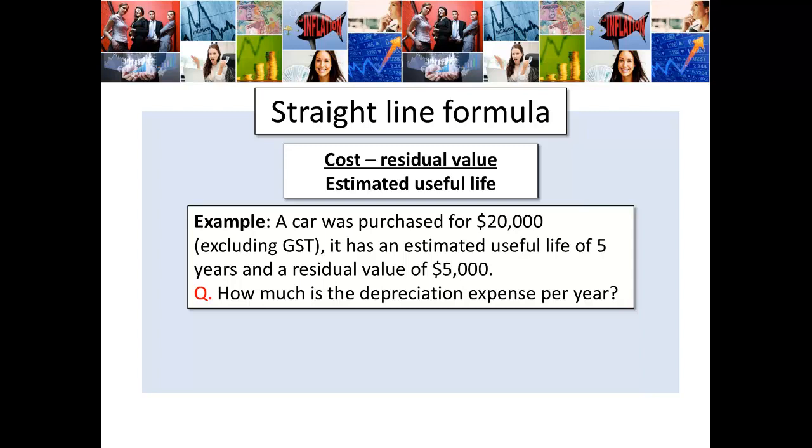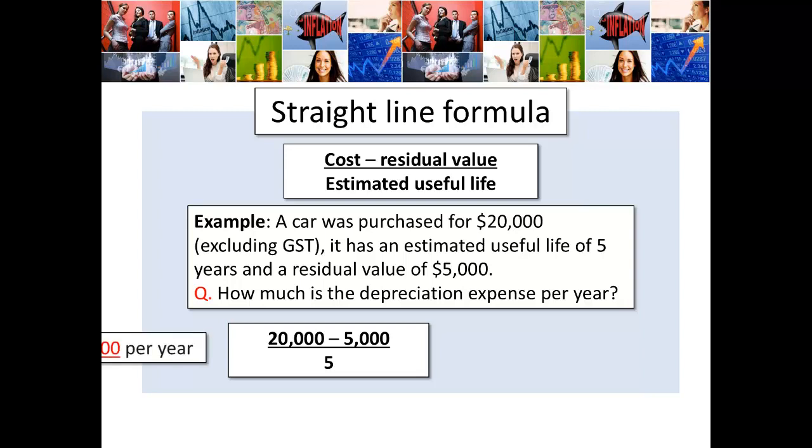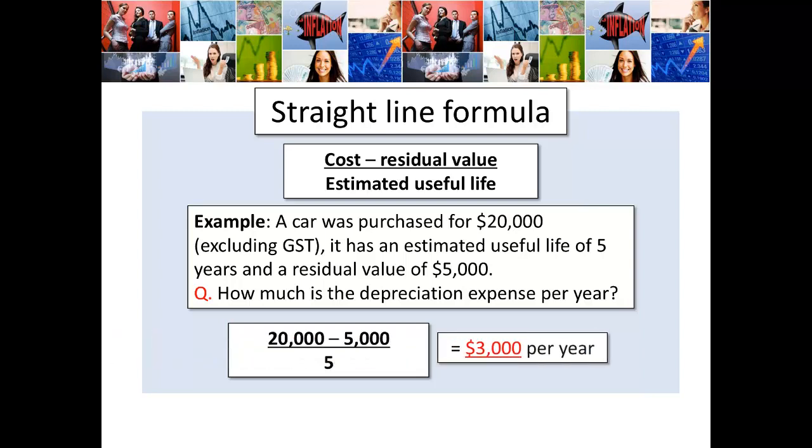It has an estimated useful life of 5 years, and after that 5 years it's estimated that the business will be able to sell it for $5,000. What is the depreciation expense per year? Easy. $20,000 is the cost, $5,000 is the residual value, we subtract that out and we divide it by the estimated useful life. $3,000 per year.